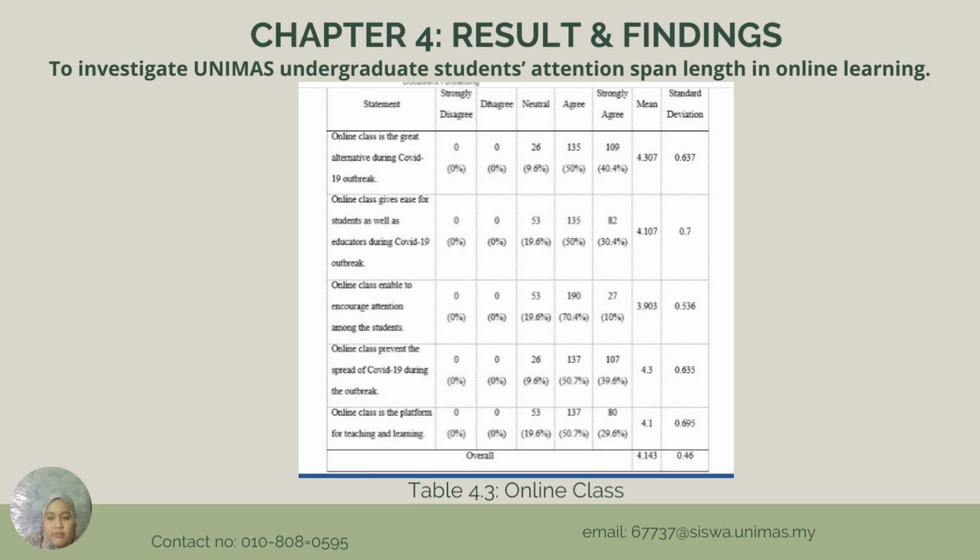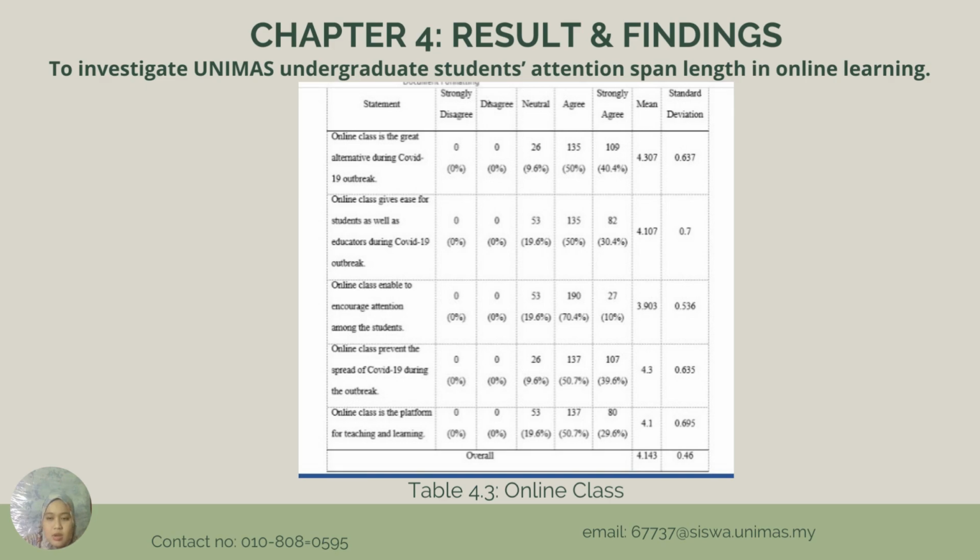According to the findings, the respondents show various reactions towards online learning. Based on the findings, the highest mean is 4.307, which is the statement online class is a great alternative during the COVID-19 outbreak, with a standard deviation of 0.637.